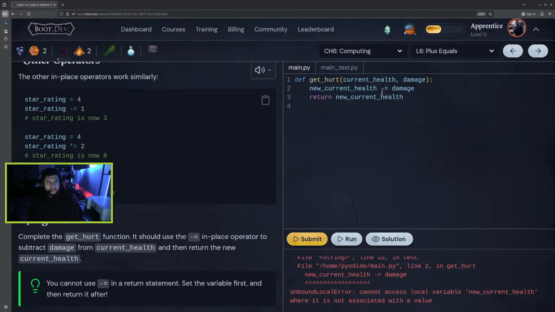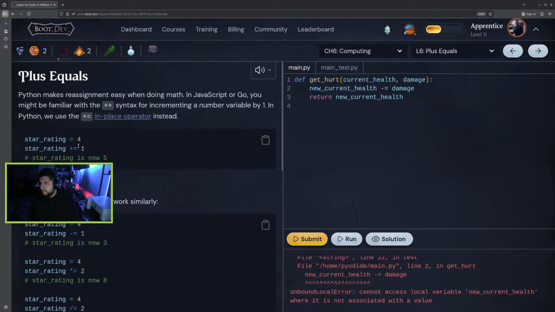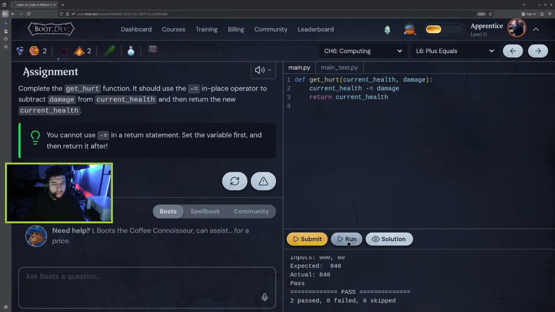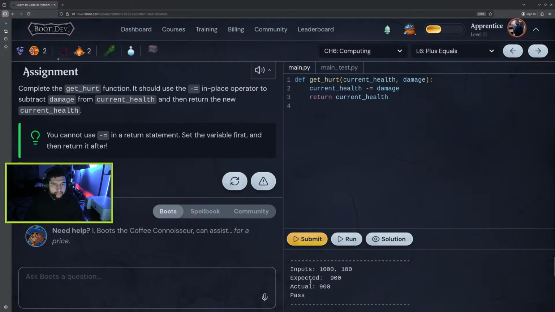New current health minus equals damage. How do I do that? I'll just delete the new part. There we go, 2 passed, so I don't have to create a new variable. Alright, submit.